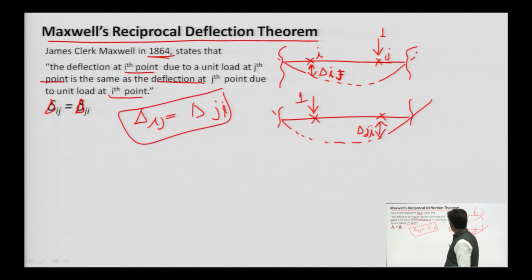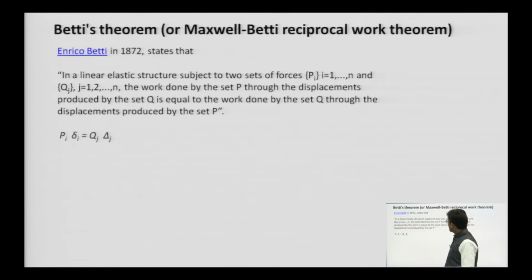After this, Betti's theorem was proposed in 1872. This is the generalized theorem, and it is also called the Maxwell-Betti reciprocal theorem.